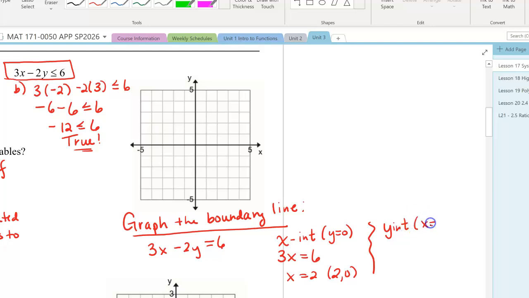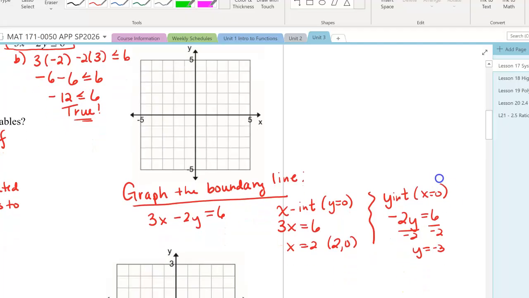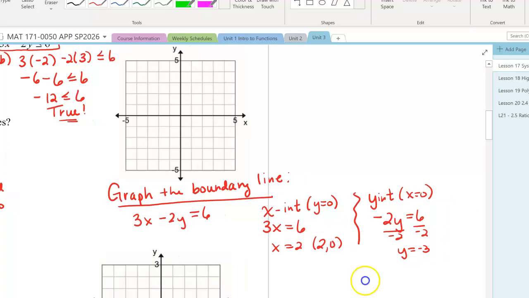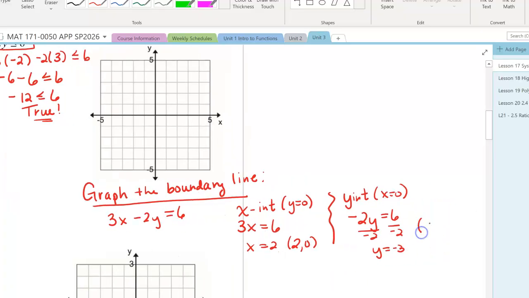We let x equal 0, which means the term with x in it will disappear, and that will give me y equals -3. So our x-intercept is 2, 0, and our y-intercept is 0, -3. So I'm going to plot the point 2, 0. I'm going to plot the point 0, -3, and this is my boundary line.